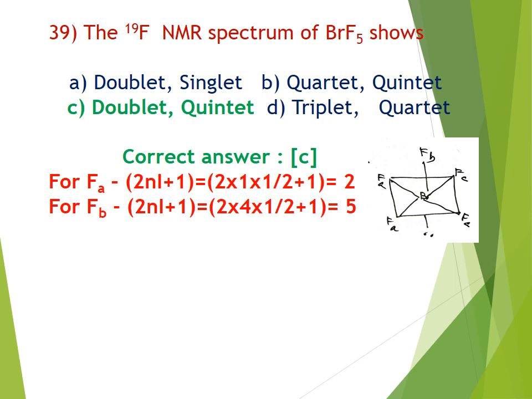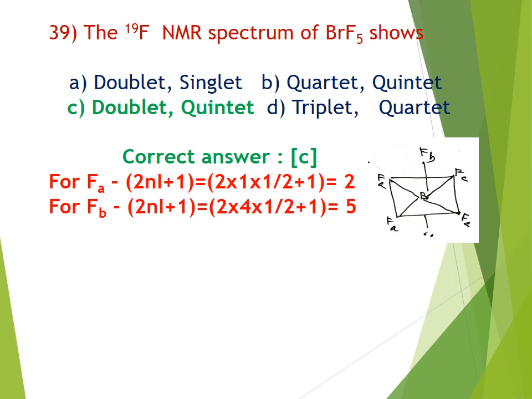39. The F19 NMR spectrum of BrF5. Here the correct answer is C, doublet and quintet. Here there are 2 types of fluorine. One is axial fluorine, the other one is equatorial fluorine. There are 4 equatorial fluorines and 1 axial fluorine.